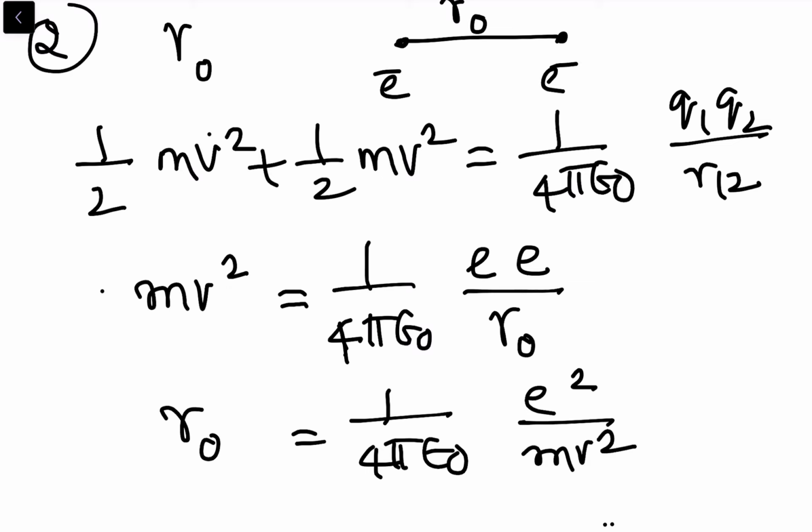What I have done is I brought mv square to this side, and the E square I kept there only, and then we got this formula. I'm just showing you because you have to understand it.